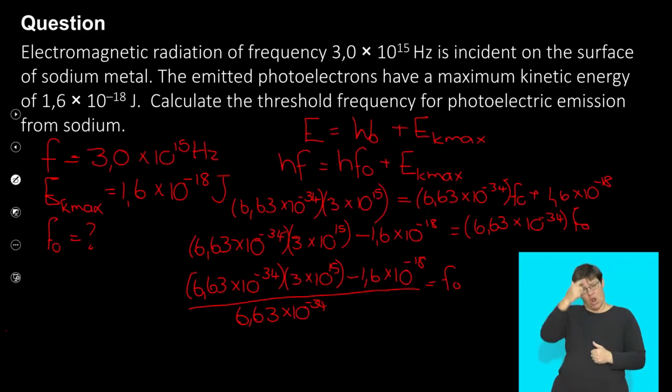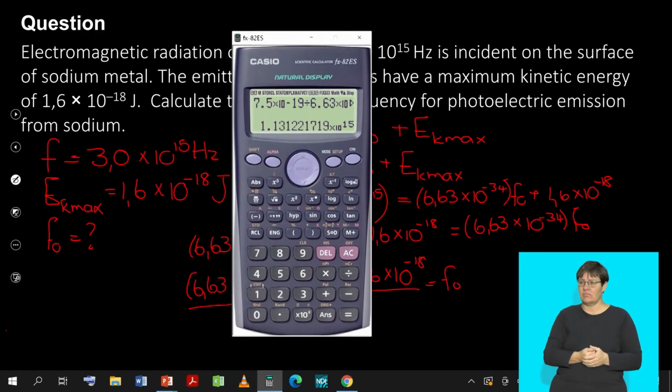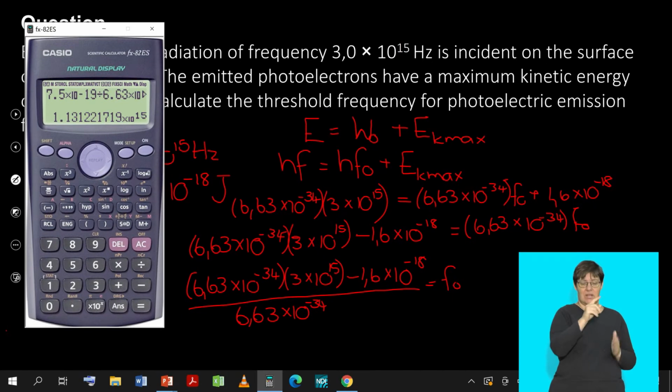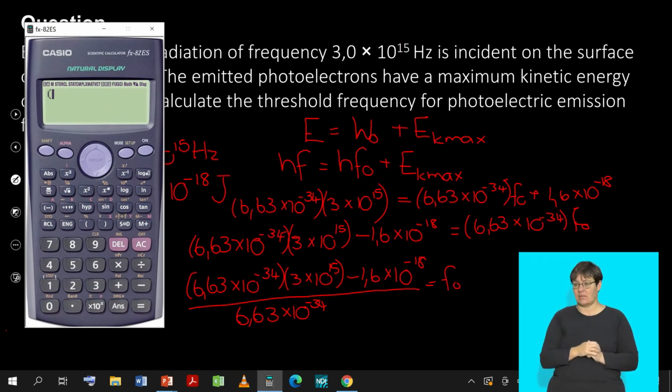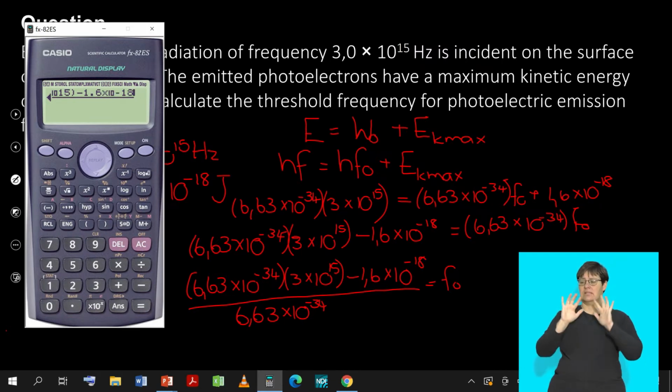So we need to do this calculation. So the top of my fraction, in fact, I'll use the fraction for you. So there we go. We've got 6.63 to the minus 34 times 3 to the 15 minus 1.6 to the minus 18. So that's the top part of my fraction.